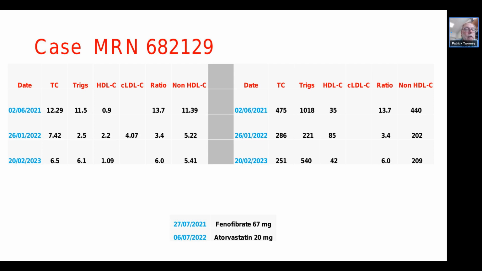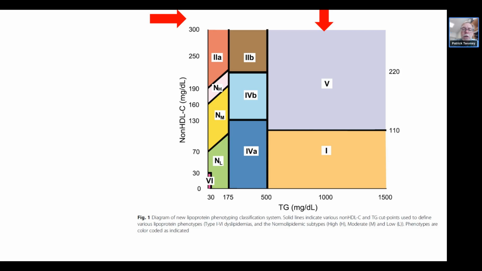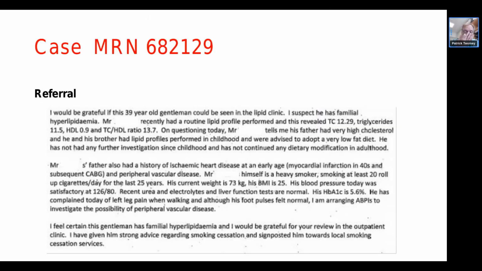What you'll see is they were first put on a low dose of fenofibrate, and then atorvastatin added in, and their non-HDL came down and the ratio came down.